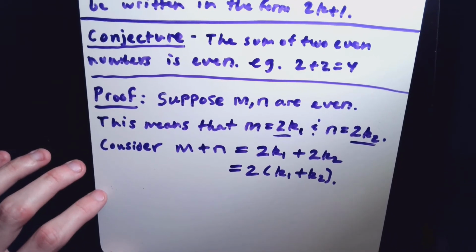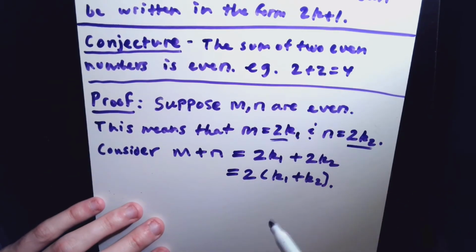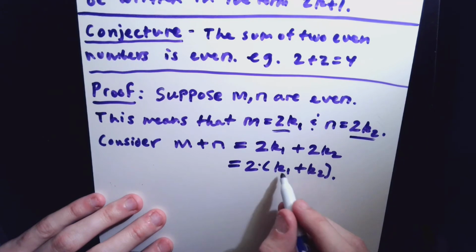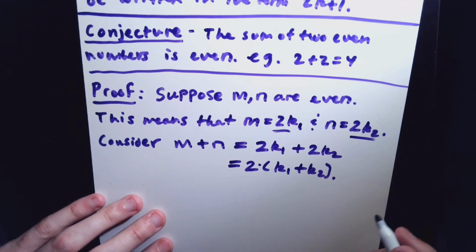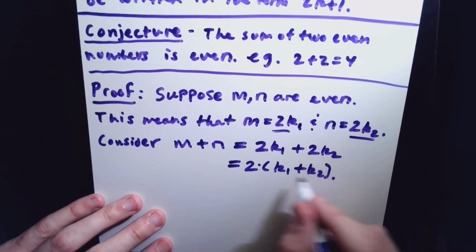Now let's think about what we were trying to show. We were trying to show that this result that we get at the end is an even number. Well, it checks out because we've got 2 times k1 plus k2, and any time you add together two integers, you get back another integer.